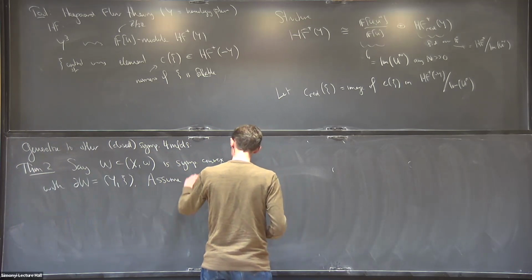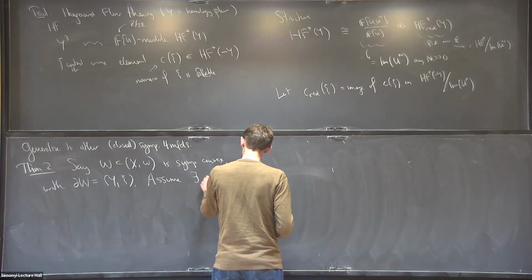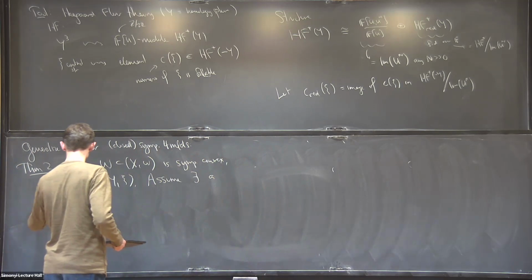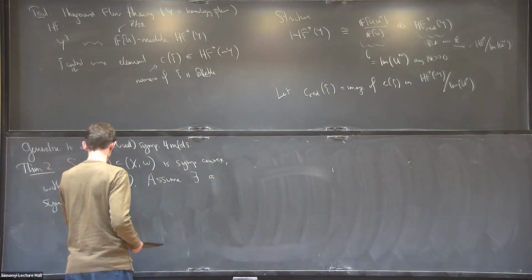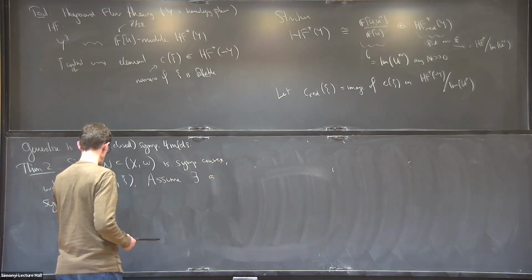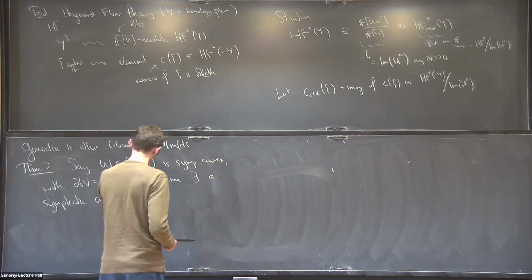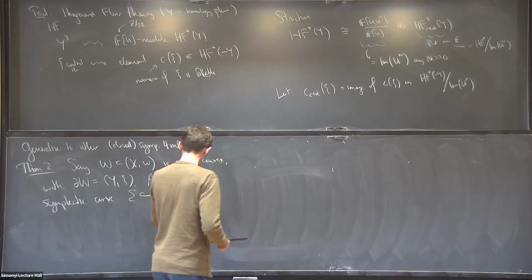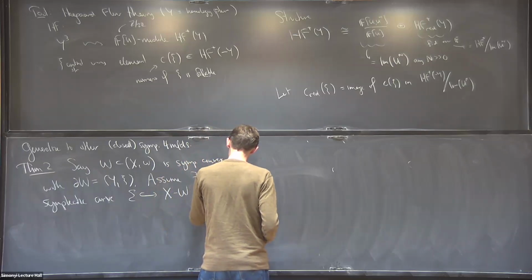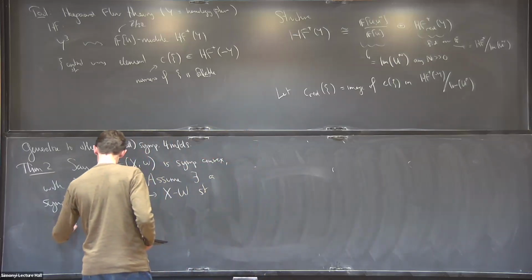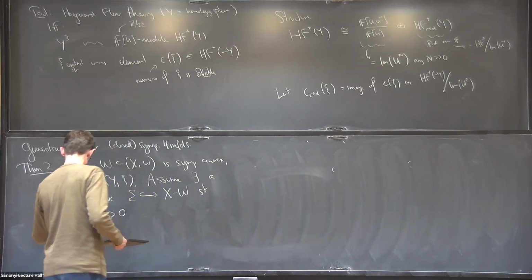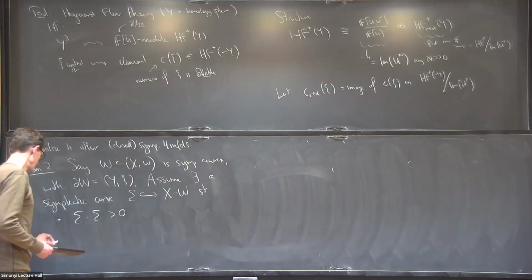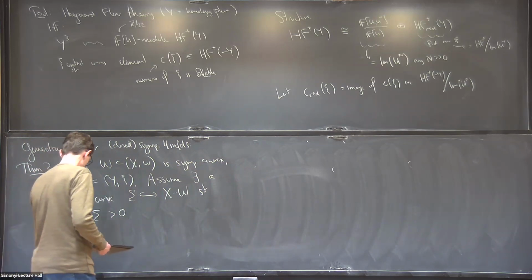So let's assume there is some symplectic curve, I mean a real two-dimensional surface, sigma in the complement, with the following properties: it should have positive self-intersection, and it should have positive Chern number.